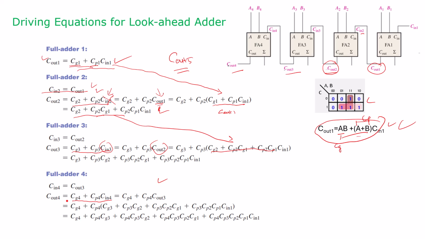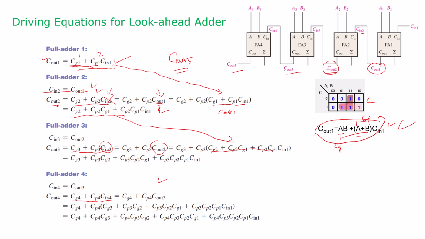Okay, so now we are pretty much done. But before we proceed, let's notice that every carry out consists of some pattern. Let's look at the pattern. For C out 1, we have two terms, the first term and the second term.